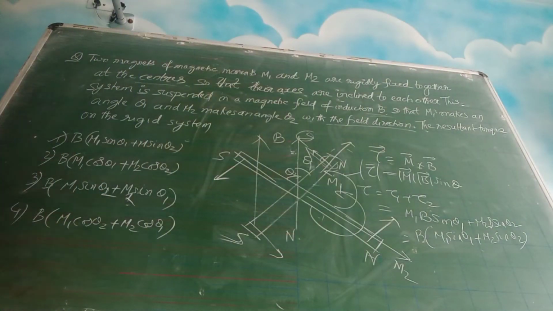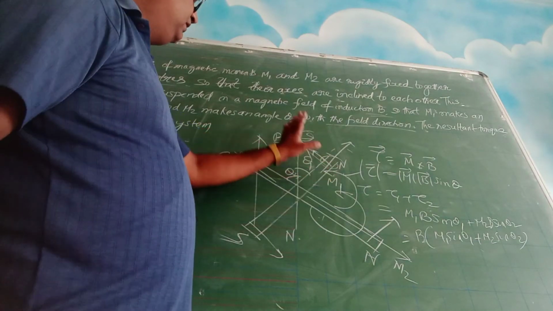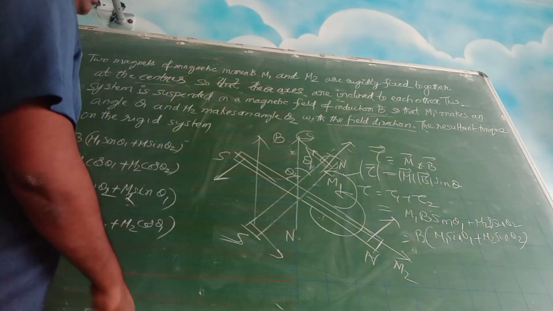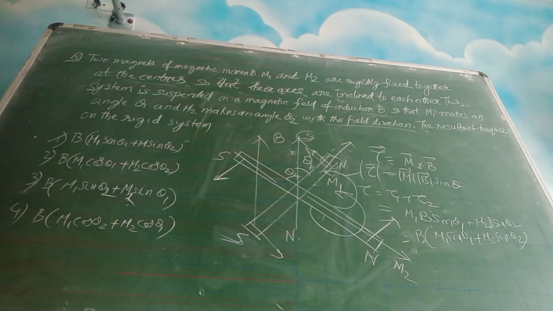Which option? Option 1. We need to draw this diagram and see the orientation. See here, the angle is given with respect to the vertical, so we have to be very careful. The angle we have to take is with respect to the vertical only.